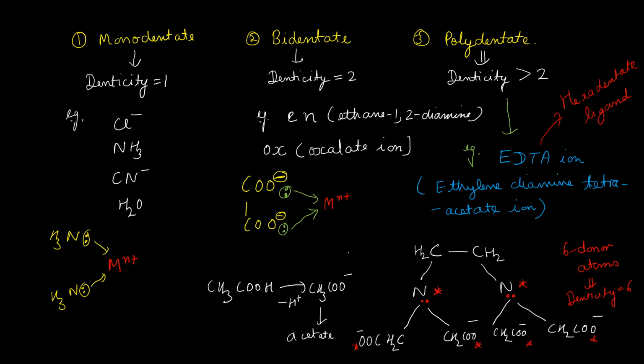Here all these will make bonds. Now if you see the monodentate ligand and bidentate ligand, then in bidentate ligand a closed ring-like structure is formed. This one, closed ring.